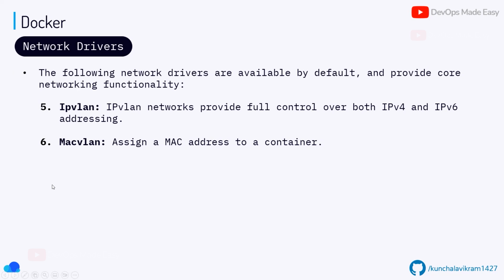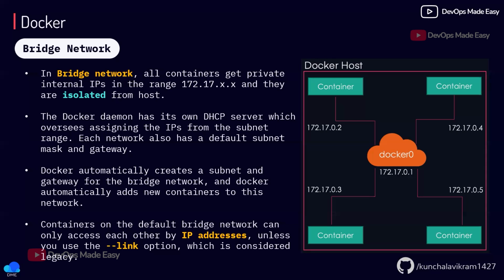These are not used at all. I've never used them in my whole career, so you don't have to worry. If anyone asks about network drivers, you can simply say bridge, host, and none, and overlay for Docker Swarm. You can mention IPvlan and MACvlan, but we don't actually use them.